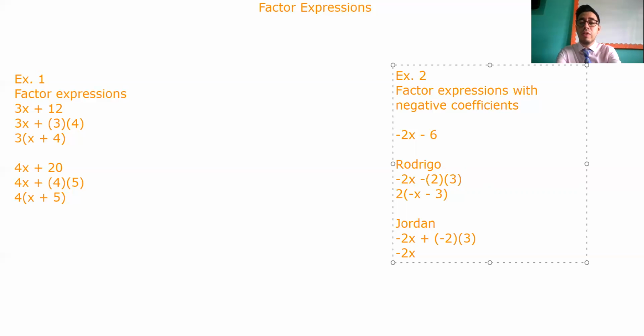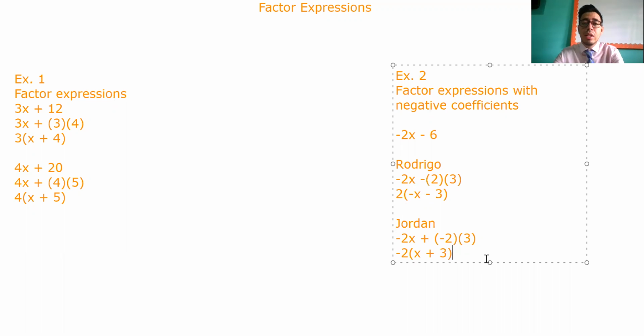Look that the only difference is the sign. x is inside the parentheses and the plus 3 is inside the parentheses too. I use the distributive property, and 2 times x is 2x and 2 times 3 is 6, okay? Only that the 6 is negative and the 2x is negative. I have the negative in here outside. The same for Rodrigo. If you multiply, you are going to obtain exactly the same result.